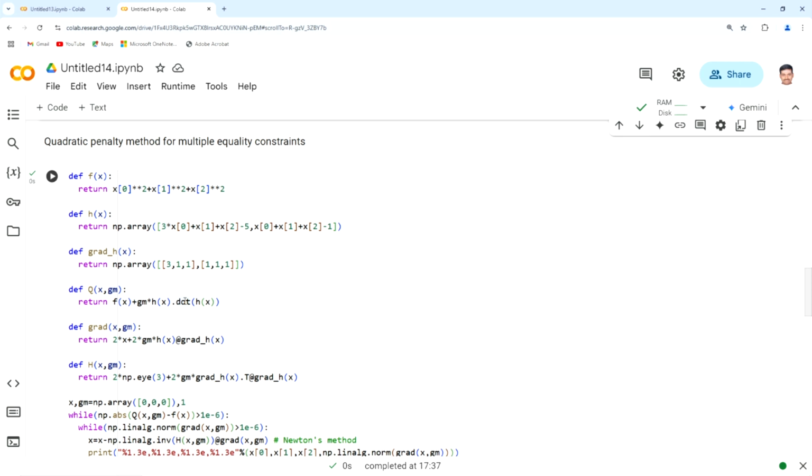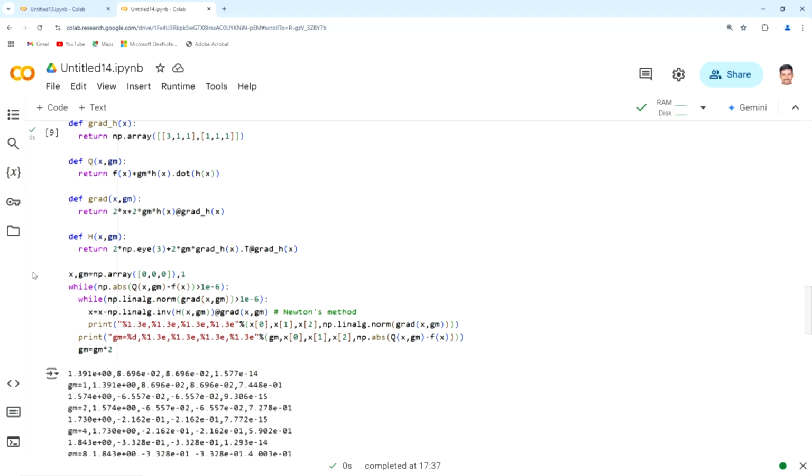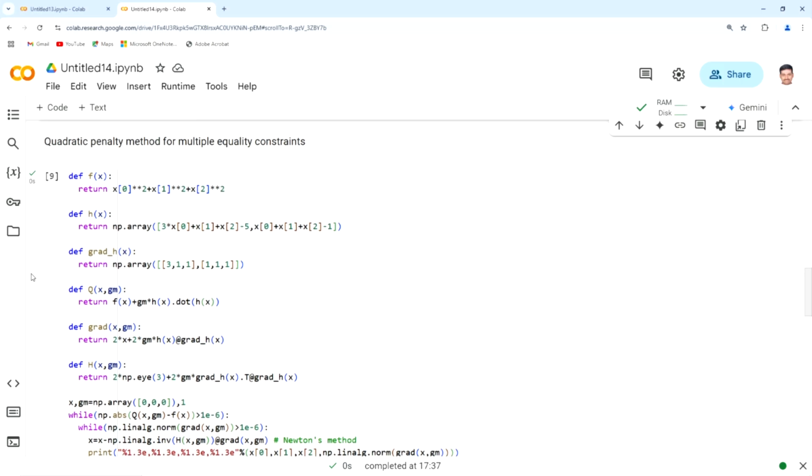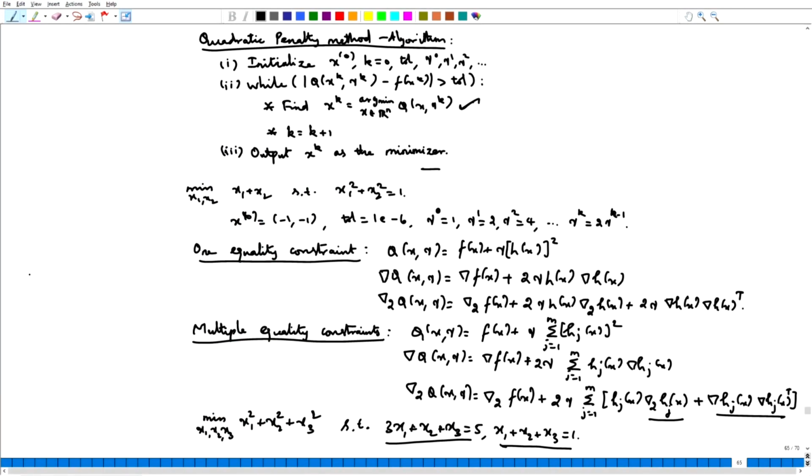Okay. So fine. Now we understand that we can use the quadratic penalty method for when you have multiple equality constraints as well, right. Now, we will move to the case when you have inequality constraints.